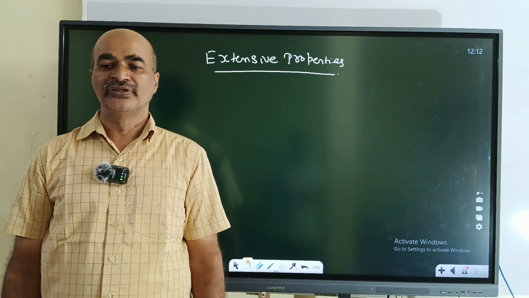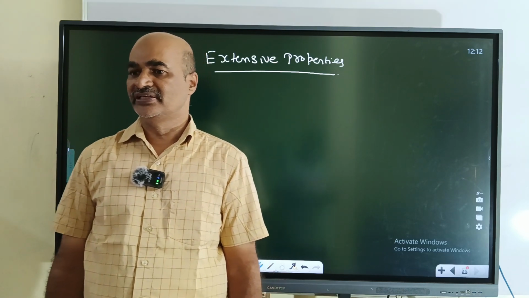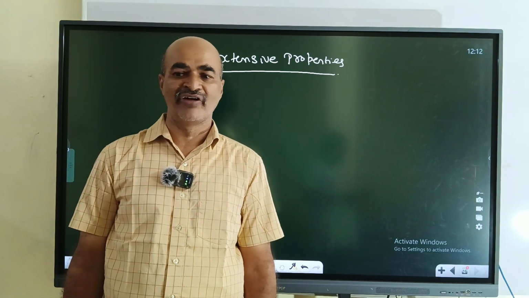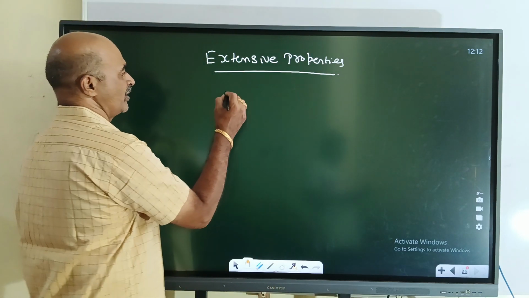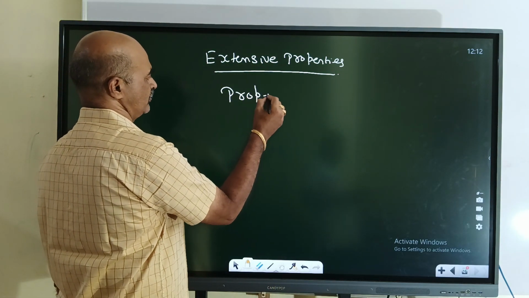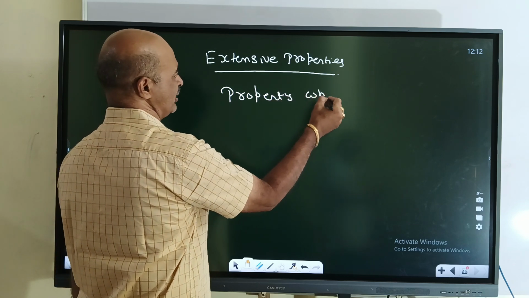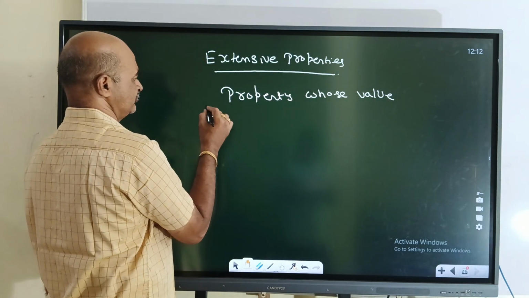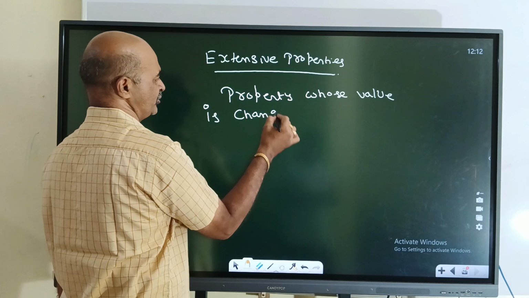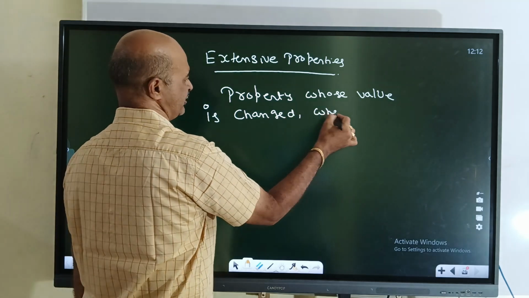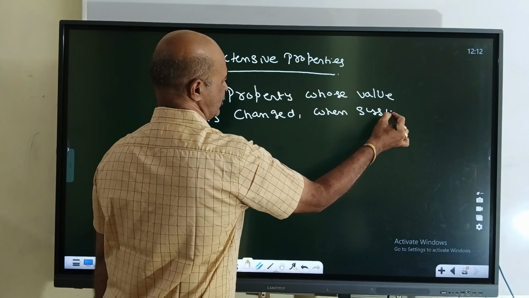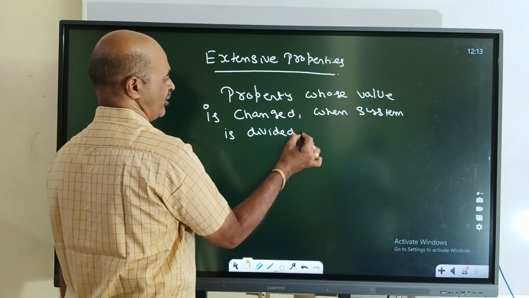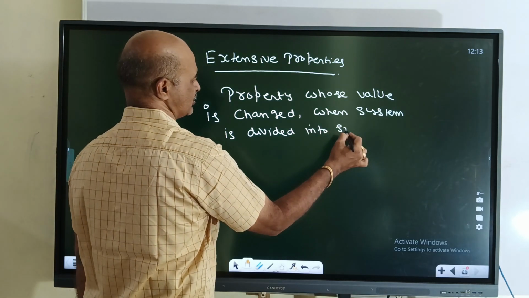Property whose value changes when the system is divided into smaller parts.